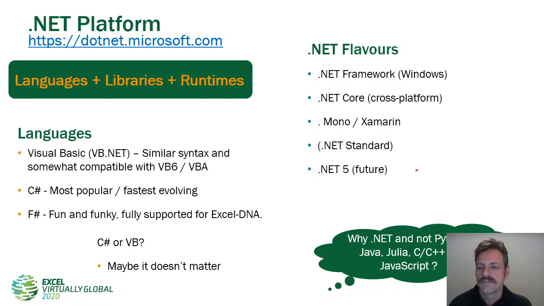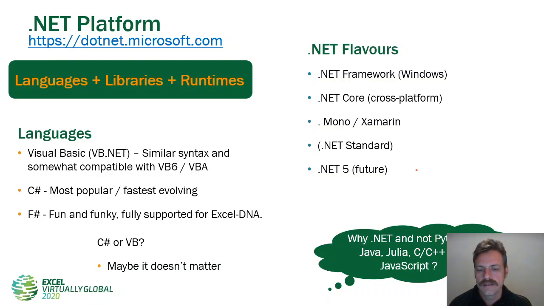C# is the more popular language on the .NET platform, and it's the one that is evolving with new features the fastest. And then F# is kind of the quirky cousin, a functional language in the style of ML.